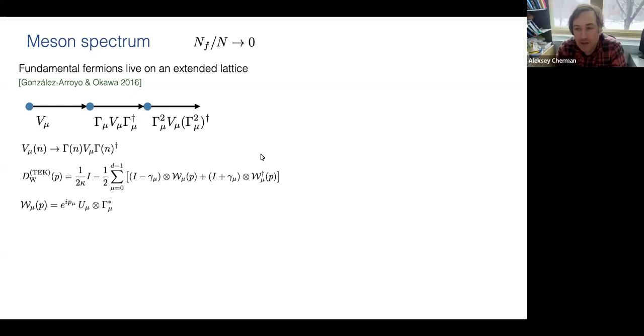Right. Thank you. I have one hopefully short question. How does the numerical cost of calculating the string tension using twisted Eguchi-Kawai compare to doing it using a more standard lattice, with large N in both cases?